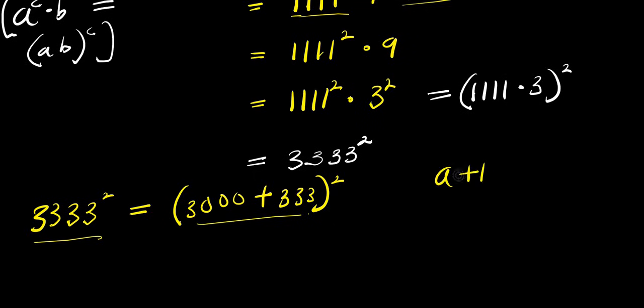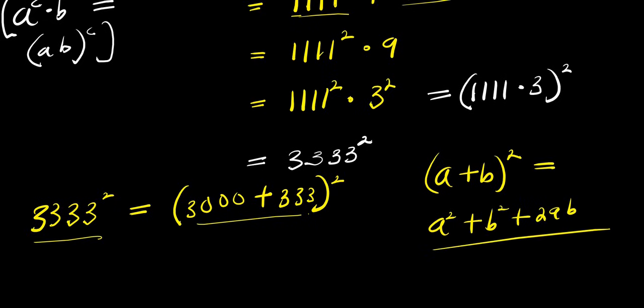Now, if you have a plus b power 2, this equals a squared plus b squared plus 2 times ab. And from here, this is my a and this is my b.